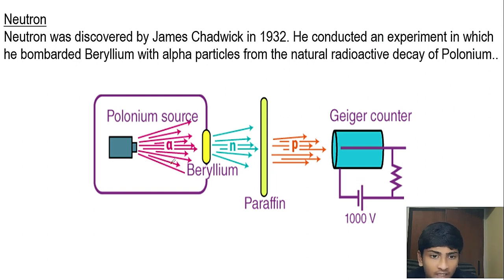These rays passed through beryllium, and most of the rays were left behind and only protons were encountered in the Geiger counter. These particles have no charge, so they were left behind. So these particles are known as neutrons.